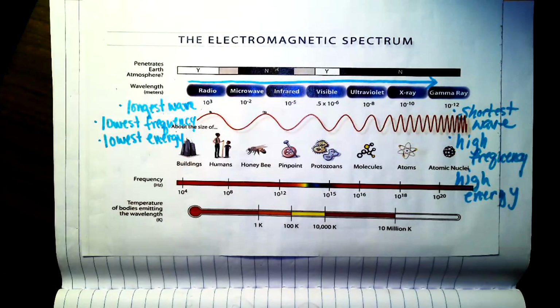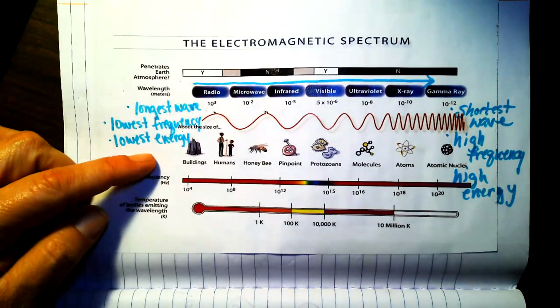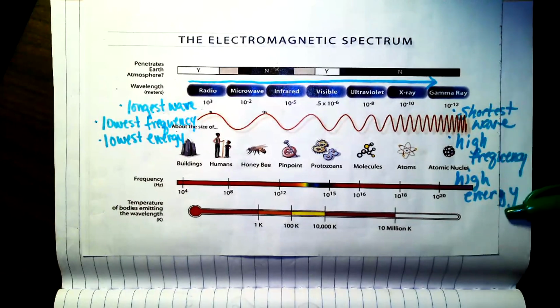We see this between wavelength and frequency, and also wavelength and energy. The direct relationship is between frequency and energy. If frequency is increasing, then the energy of that wave is also increasing.